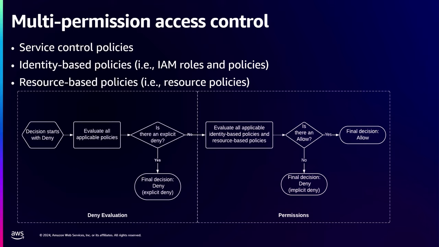Doesn't matter how much permission they assign to the Lambda execution role, as long as it got denied on the resource policy, it will not be able to read the secret value. So keep that in mind for the next slide.